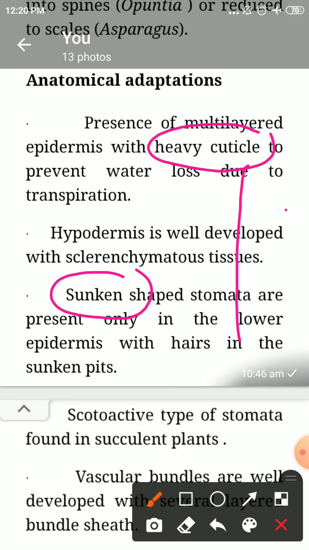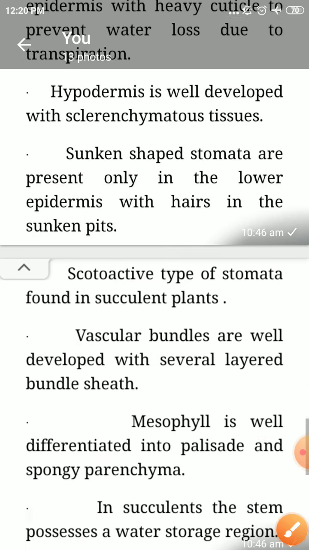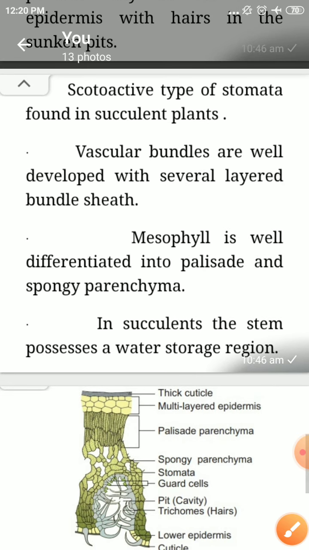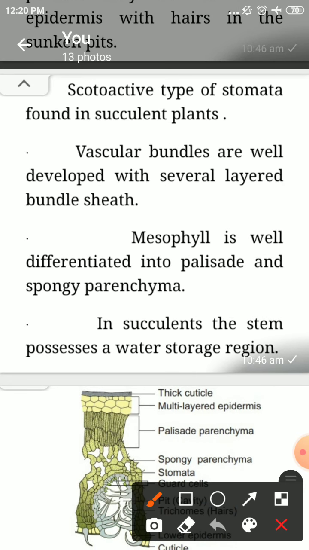Now in certain xerophytes, for example in succulents, there is a scotoactive type of stomata. In succulent plants, the stomata remain open during the night and are closed during the daytime, so as to avoid transpiration.